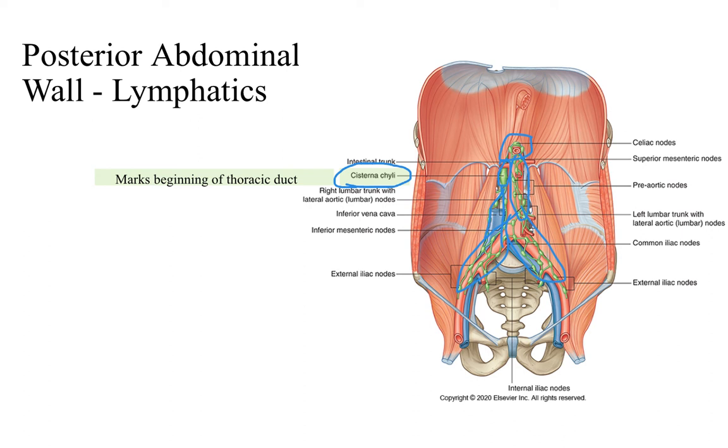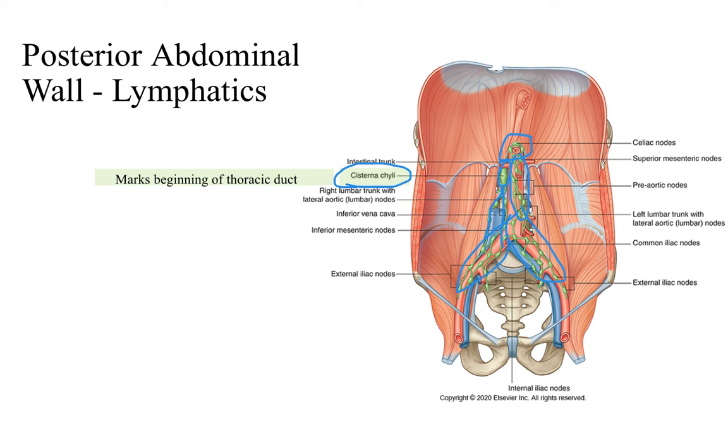Plus, you also have flora inside of your gut, all of which are a potential invasion into the inside of the body. So you have all of these lymph nodes in this area to protect against any invading microorganisms that get out of the gut, whether they're coming from the environment with your food or whether they're coming from your actual gut yourself. So it makes sense you'd have a lot there.